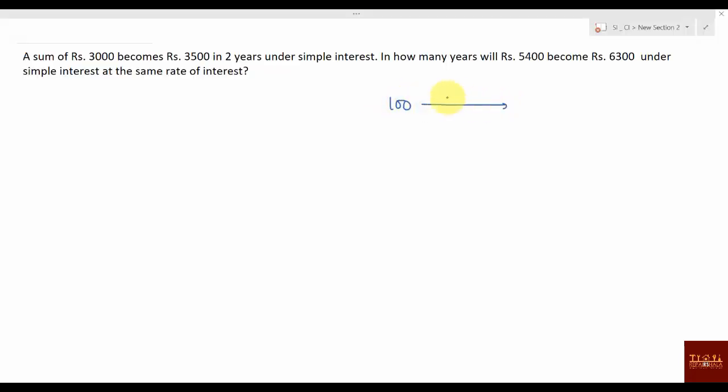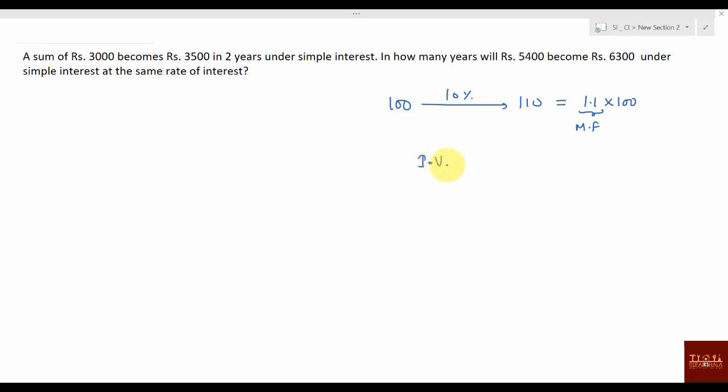When 100 is increased by 10%, it was becoming 110. And the same 110 you can write as 1.1 into 100. What was 1.1 here? Multiplying factor, right? How are you getting the multiplying factor?